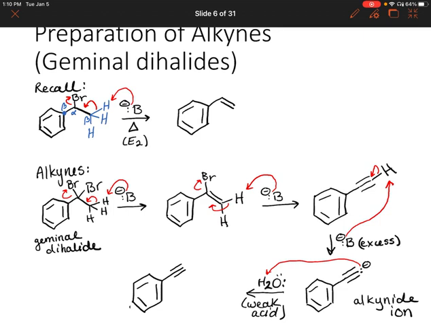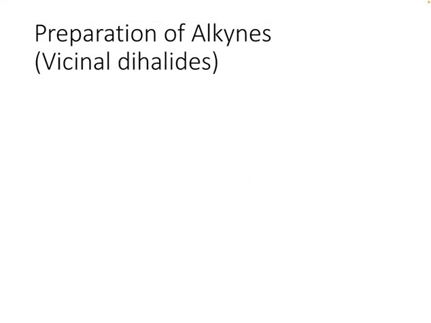All right, so now let's talk about the other way that we can form alkynes, and that's by using something called a vicinal dihalide. In this method, we're still going to start with something that has two leaving groups, but instead of being bonded to the same carbon, they'll be bonded to separate, adjacent carbons.